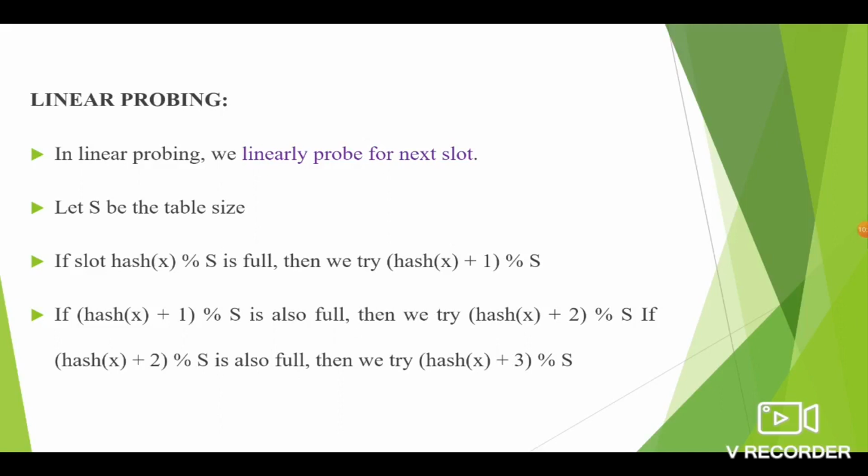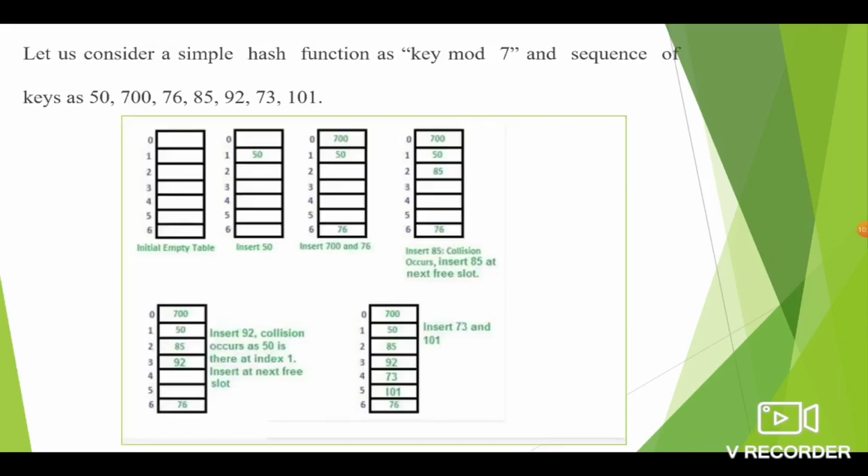Okay, if it is full, then you have to go with the next location, hash of x plus 1 modulus s. If it is also already occupied, then you have to go into the next location, hash of x plus 2 modulus s. Okay, like that we are linearly probing for a free slot.